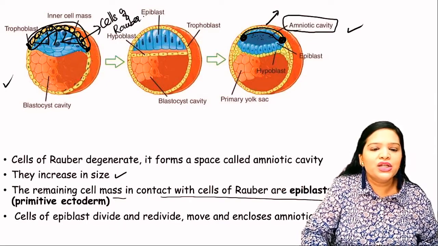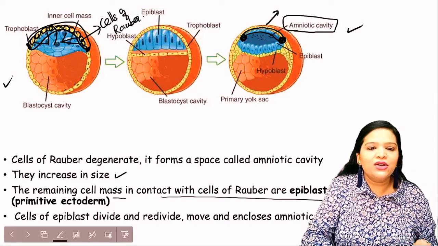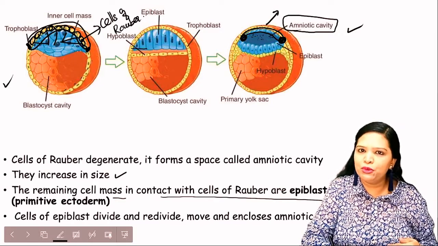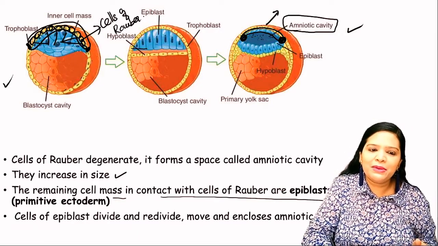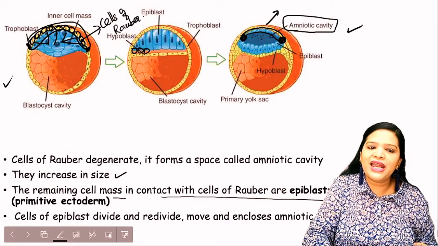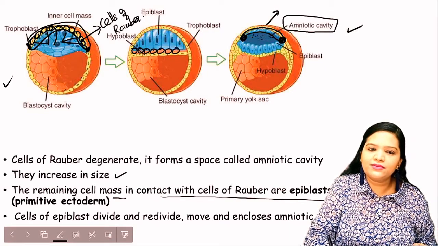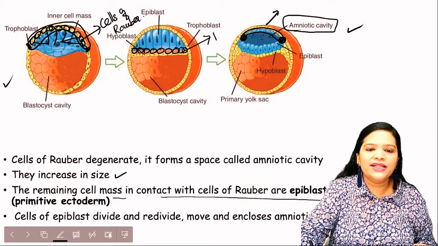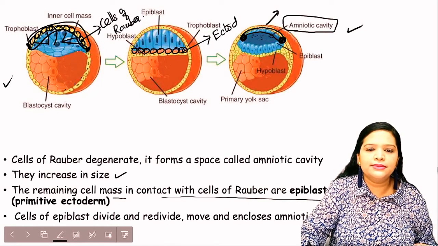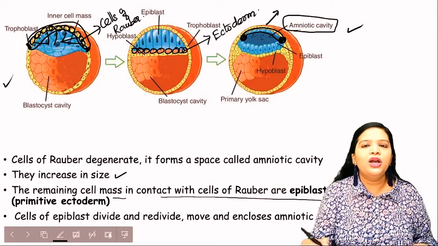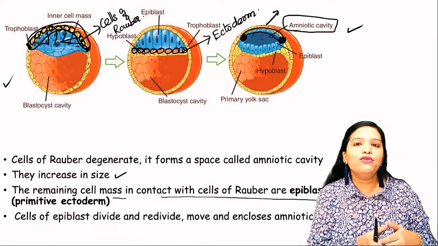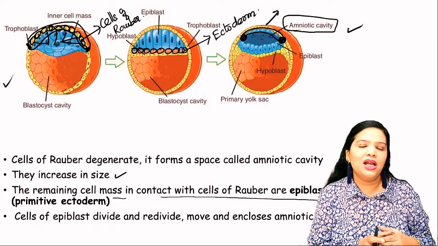Right? So here, see, this epiblast already divided and became hypoblast. Now again this epiblast divides and forms another layer here. This layer is now called the ectoderm. So this ectoderm is formed from where? Ectoderm is formed from the epiblast cells.